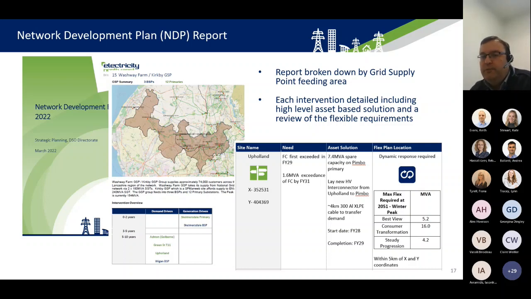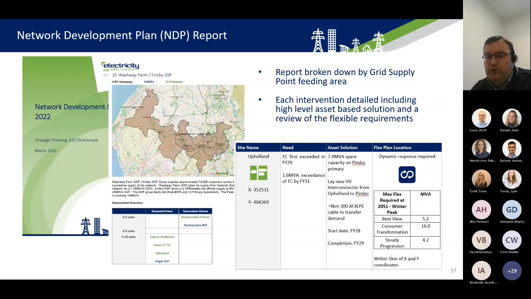The report's broken down by grid supply point, with the main feeding areas to the document covering approximately 70 pages in total, with all 17 of our grid supply points covered in the document. You can see on this slide the feeding area for this site is broken down, and you can see roughly where that feeds out to.